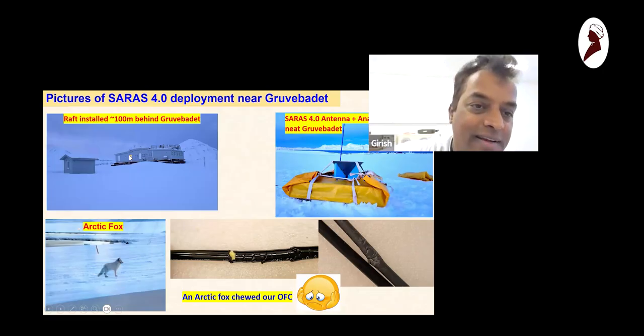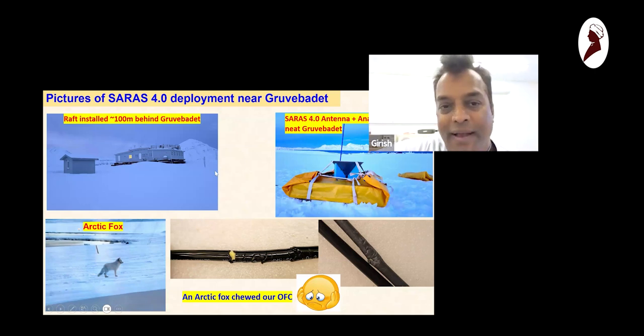The light you see here is where the analog backend and digital backend receiver systems are presently kept. This is the same room from which I'm coming to you live. About 100 meters from this is where the antenna and analog receiver mounted on a raft are placed.